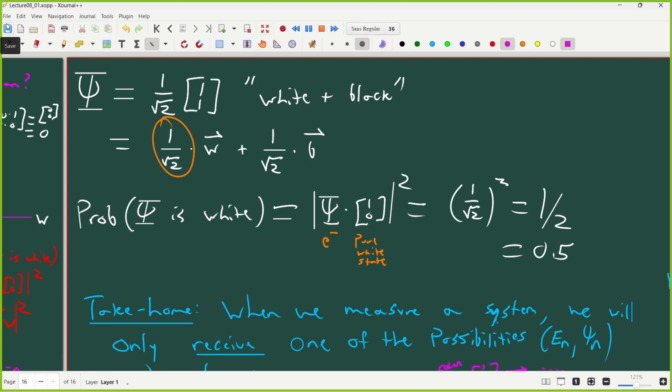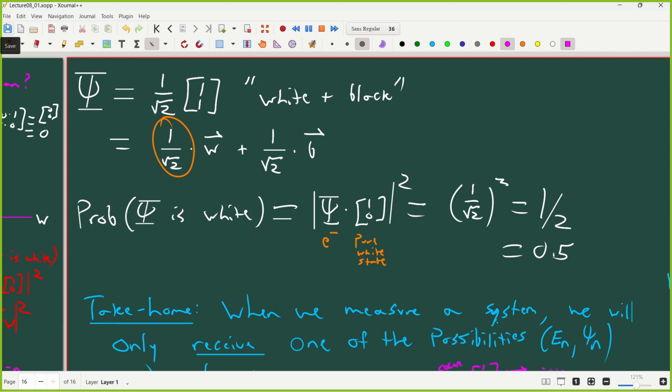The fact of the matter is that if you treat the electron like a vector, it has equal component white and equal component black. But when we measure the color of the electron, or the energy or any property, it can only come out as one or the other, right? Because classically, when we measure our particle with our eyes, we don't see a white plus black electron.